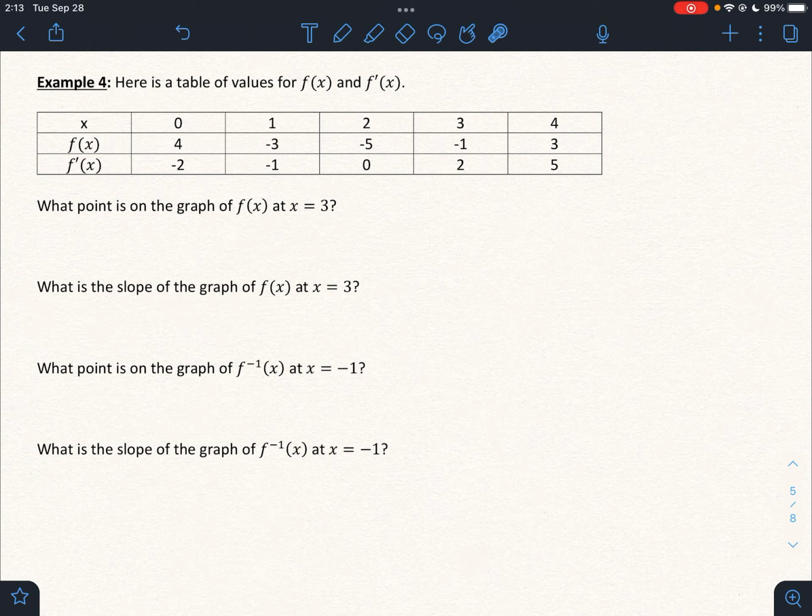So what point is on the graph of f at 3? That would be the point 3, -1. What is the slope at that point? So f prime of 3 would be 2.